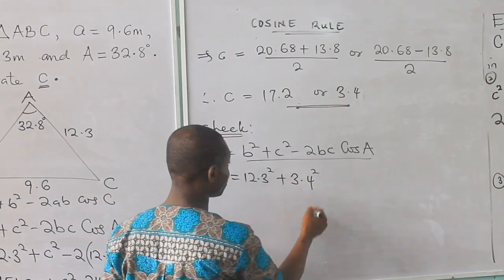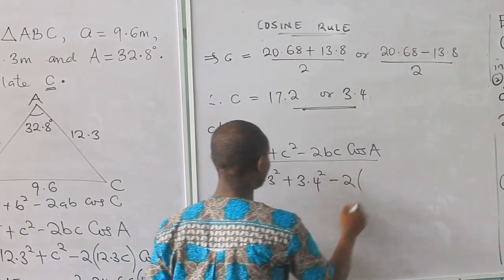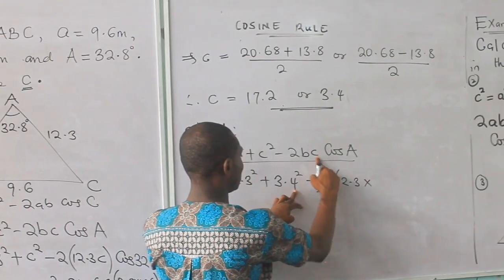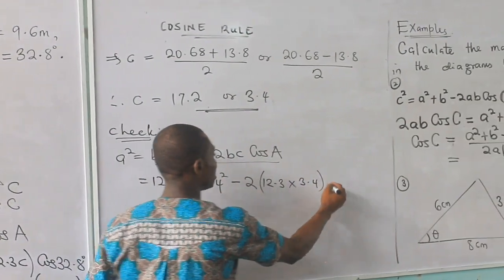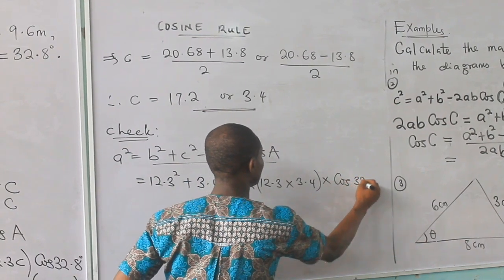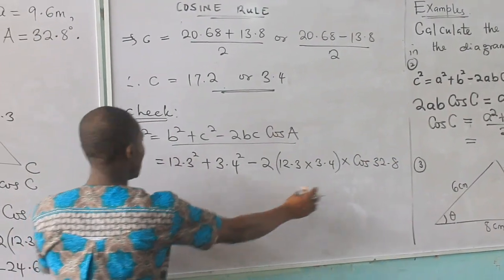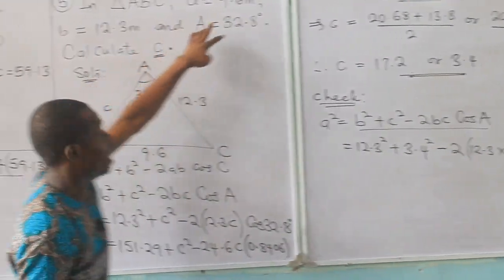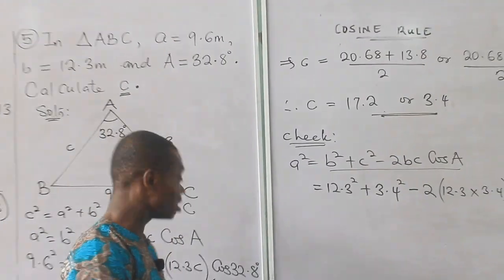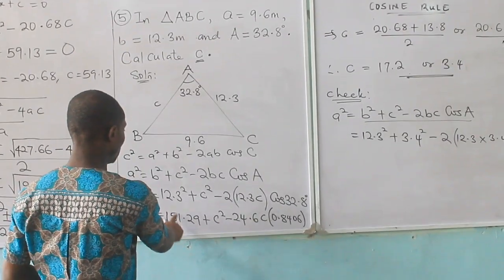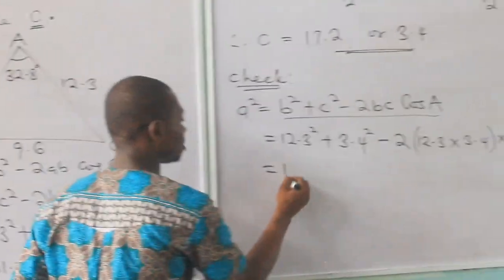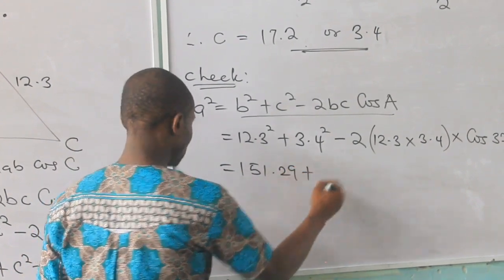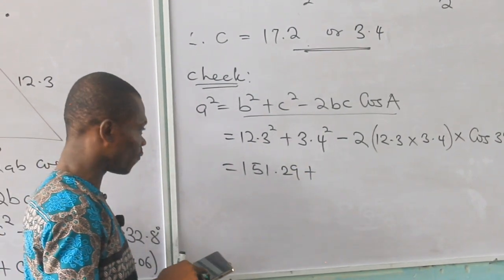All right, so that's going to be minus 2 into our B, which is 12.3, then multiplied by C, which is 3.4, then multiplied by the cos of 32.8. Now, let's see if we get this and take the square root, if we are going to get our A. All right, so 12.3 squared is 151.29. Then let's do the square of 3.4.